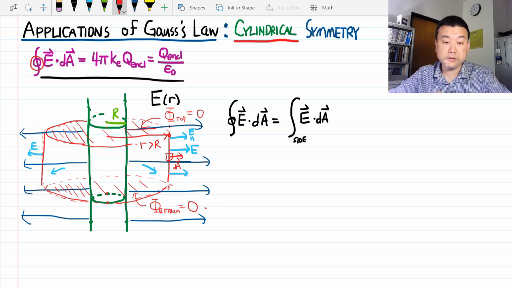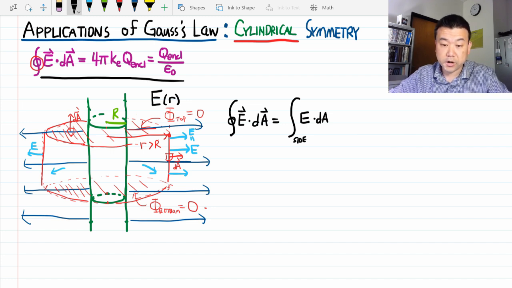And just to reiterate, the area element at the top and the bottom surface are perpendicular to the electric field and contribute zero to the flux. Alright, I think that means here we can get rid of this dot product, and say that we are just dealing with the magnitude of the electric field times the area element for the side surface.